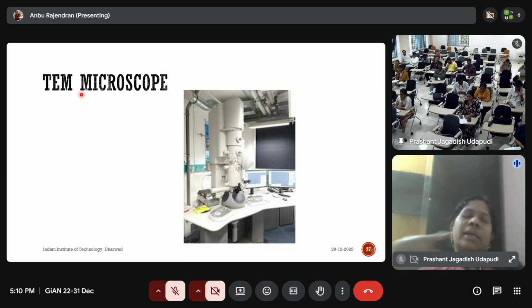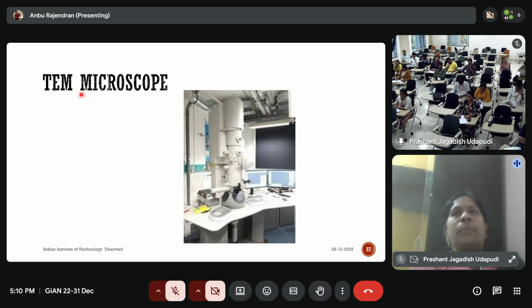Use the emery sheet to polish and thin down to whatever minimum thickness you can reach, either 80 microns or 70 microns. Then you have to cut small discs. The standard size is 3 mm discs, extracted from the thinned sheet. From the bulk you have to slice the sample, and from the slice you have to thin down to 70 or 60 microns.